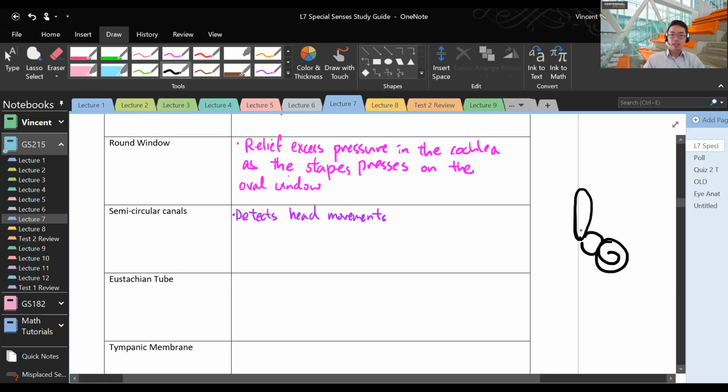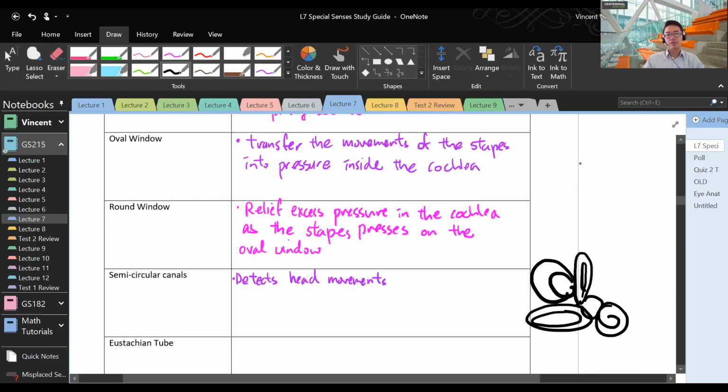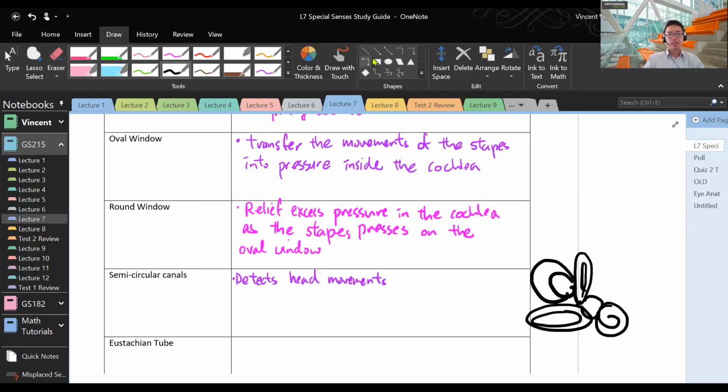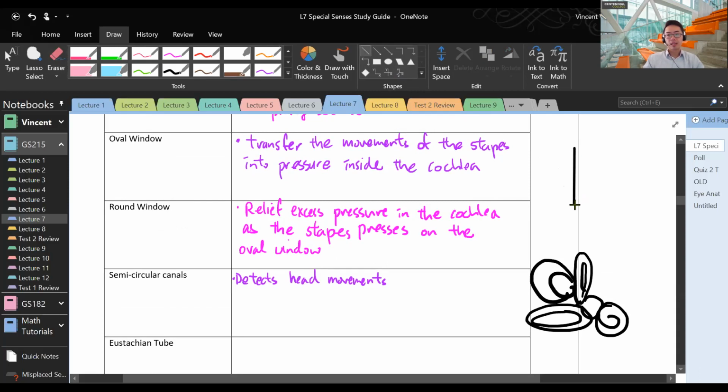There's one that is called the anterior, one called the lateral, and one called the posterior. You kind of have to think of this in terms of 3D. It's kind of hard to visualize here, but let's look at it from a different perspective. If you are in a room right now, look at the corner of the room on the floor.